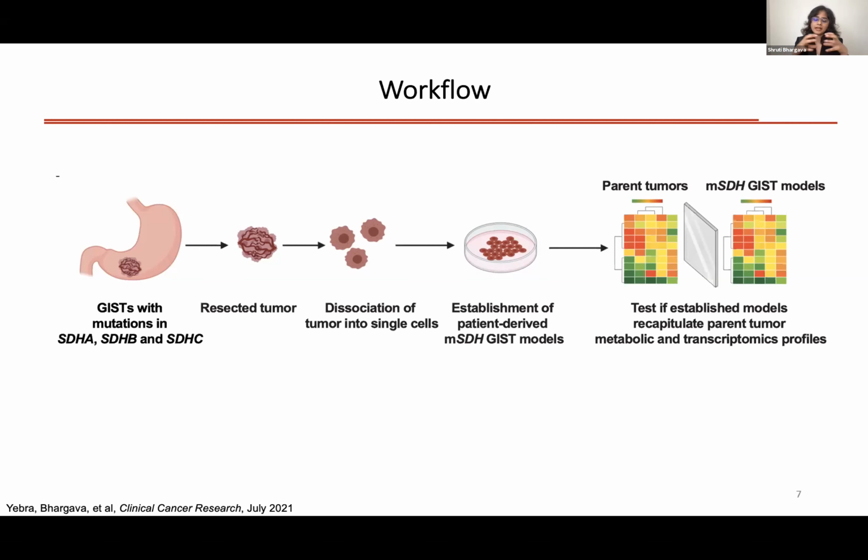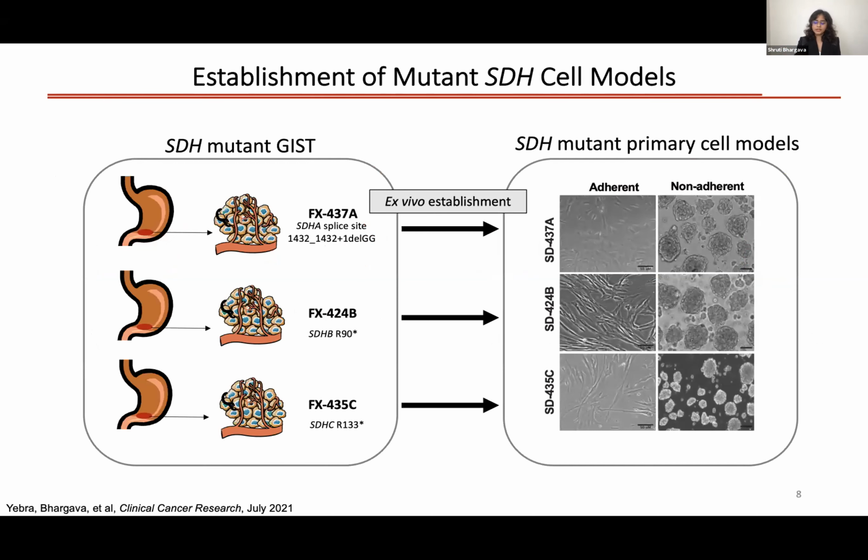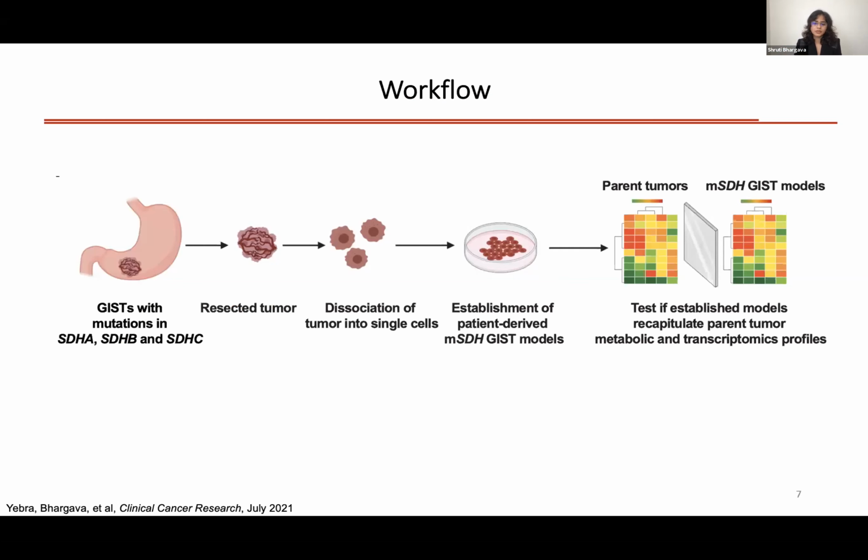We then found an apt combination which can sustain the growth of these tumor cells outside a human body. The next challenge was to see whether whatever we are growing in the dish is actually similar to the parent tumors, or is getting adapted to the external environmental conditions that we are providing. So that is what we compared with different tests that we performed.